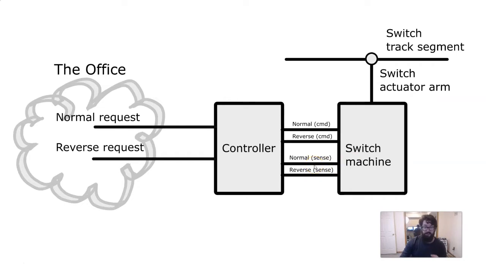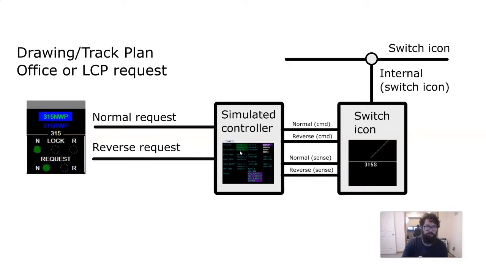So the office sets a normal request, the controller decides that it's safe and sends that normal request to the switch, which moves using the arm, and then it sets its normal sense line high to tell the controller that it's at the desired position. This is what's going on at a physical site in a real design.